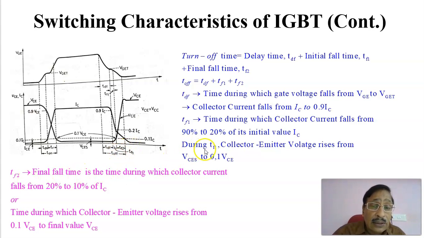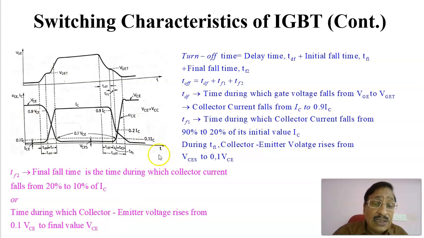Therefore, TF2, the final fall time, can also be defined as the time during which the collector current is falling from 20% to 10%. This time can be defined as TF2. Or it is the time during which the collector to emitter voltage rises from 0.1 VCE to the final value of VCE.